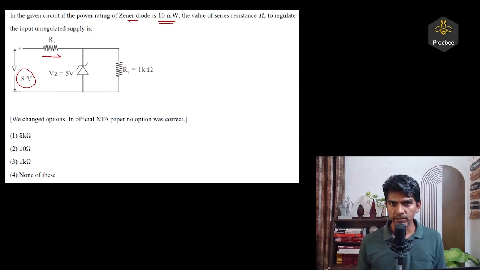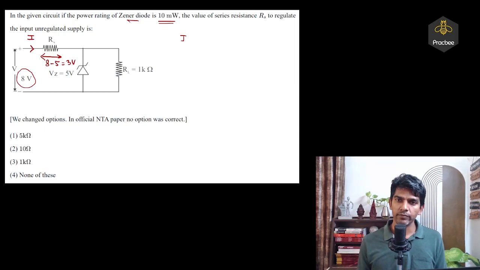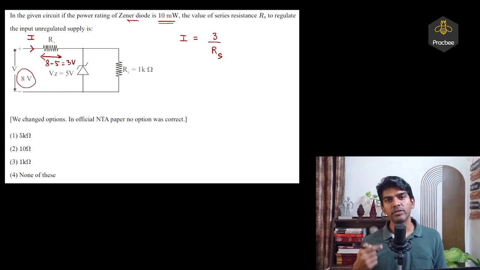So from this we can say the voltage across Rs will be 8 minus 5, which will be 3 volts, and the input current I will be given as 3 over Rs. So the input current will depend upon the value of Rs, and we have been given the power rating.